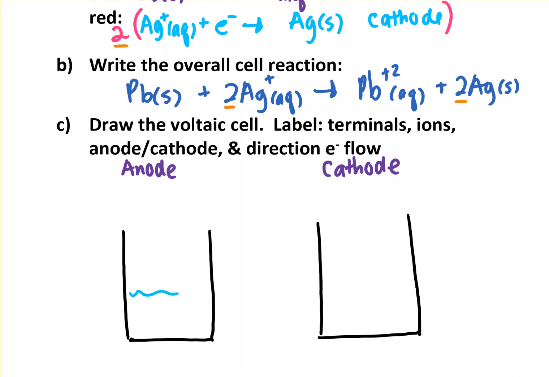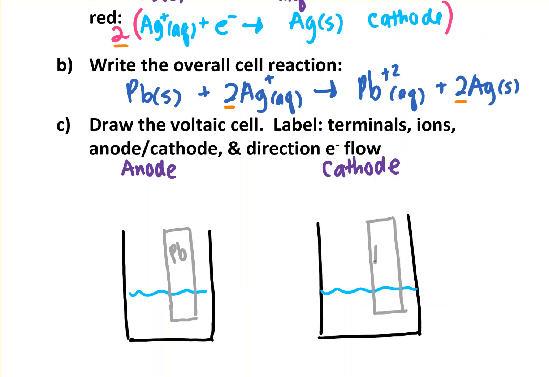So that means when you draw your metals in there, you need to have your lead over here because it was at the anode, we said, and the silver will be over here because we said that was at the cathode. Each solution has the corresponding ion.